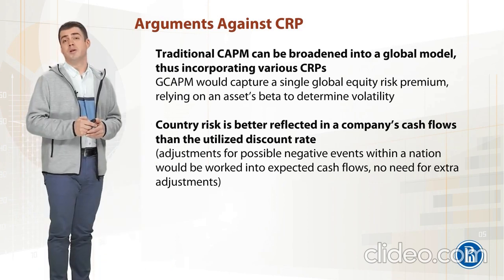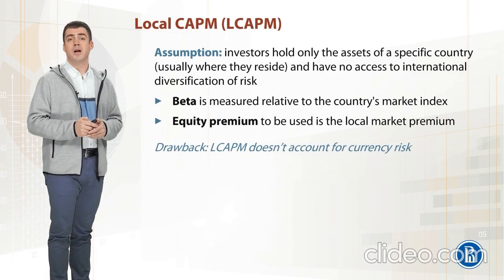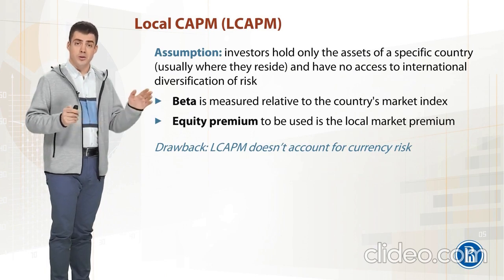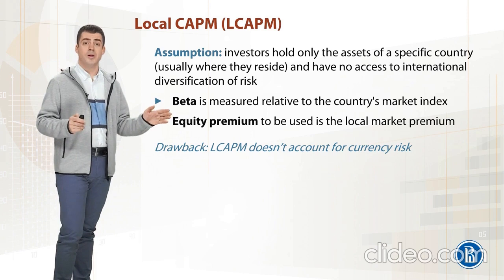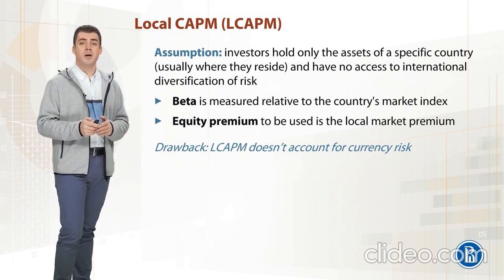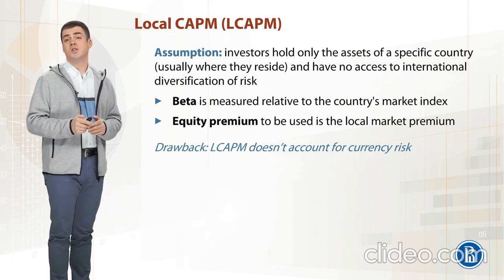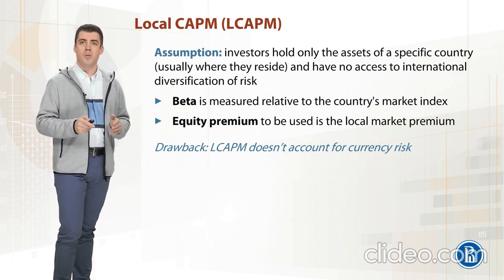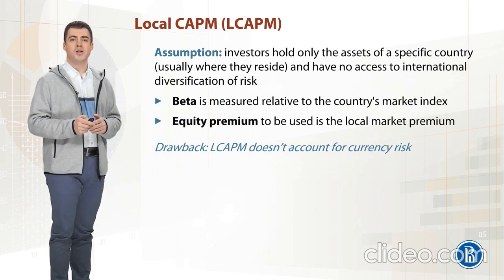Finally, another method for estimating the expected returns is based on the figures from the local market only. This is called the local CAPM. In this sense, investors don't have access to opportunities associated with international diversification of risk.